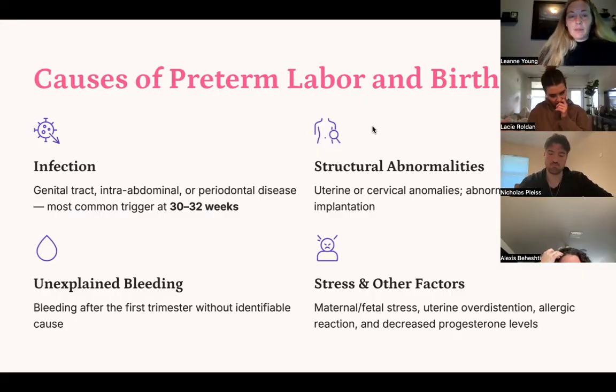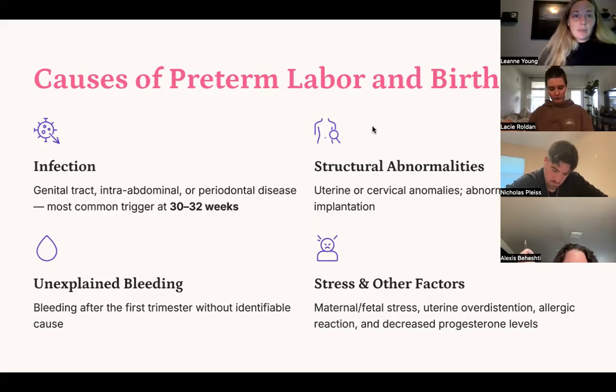If mom has severe allergies or has an allergic reaction, that can send her into labor. And then decreased progesterone levels. That is usually what we're seeing with really, really early deliveries, where mom probably should have been on progesterone throughout her pregnancy and maybe she wasn't because this is her first and we don't know that she has a history of going early or cervical insufficiency.